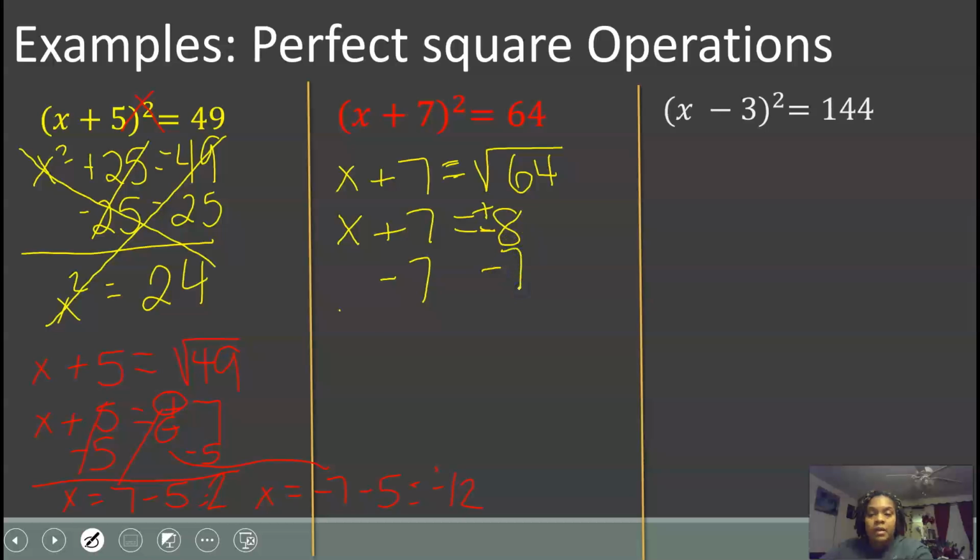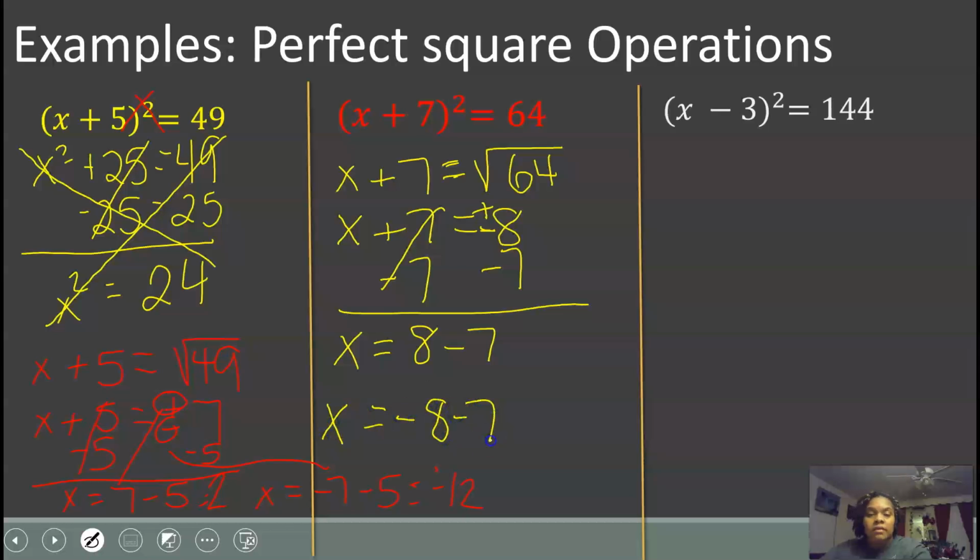Now you have to rewrite it to say x equals positive 8 minus 7, or x equals negative 8 minus 7. So here you would have 1, and here you would have negative 15. All right? So x is two numbers: x equals 1 and x equals negative 15.